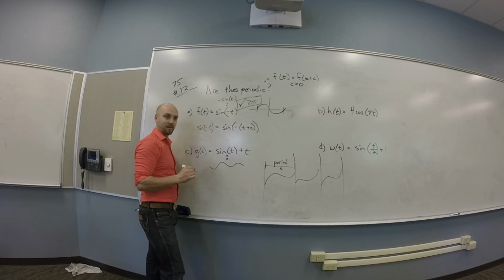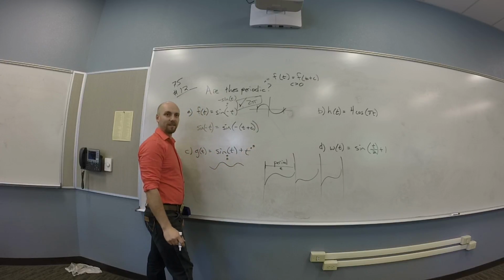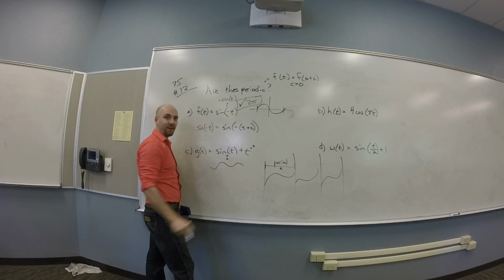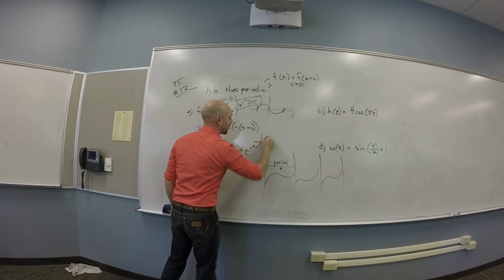And then what's t look like as a function? A line with slope 1 and intercept 0. It's the line g of t equals t, basically the line y equals x. So that's going to look like this.